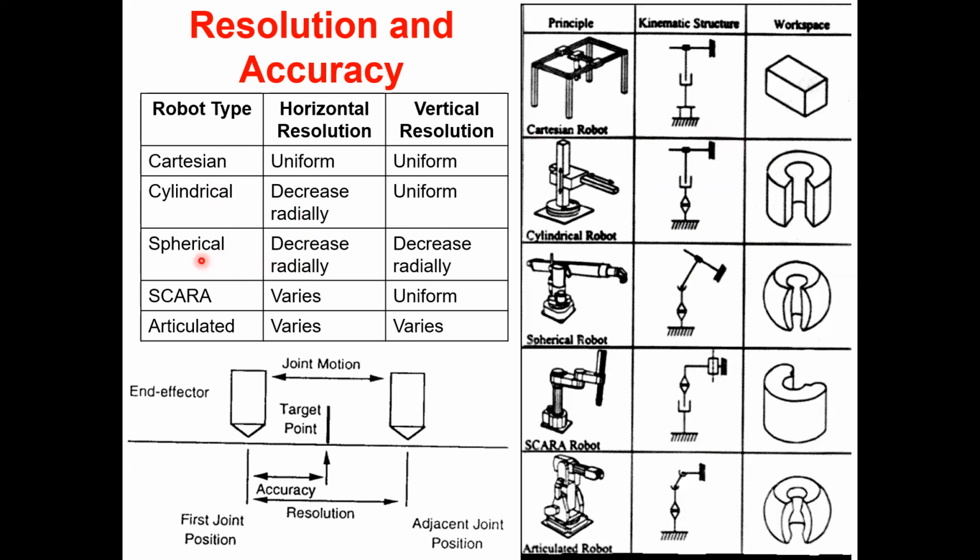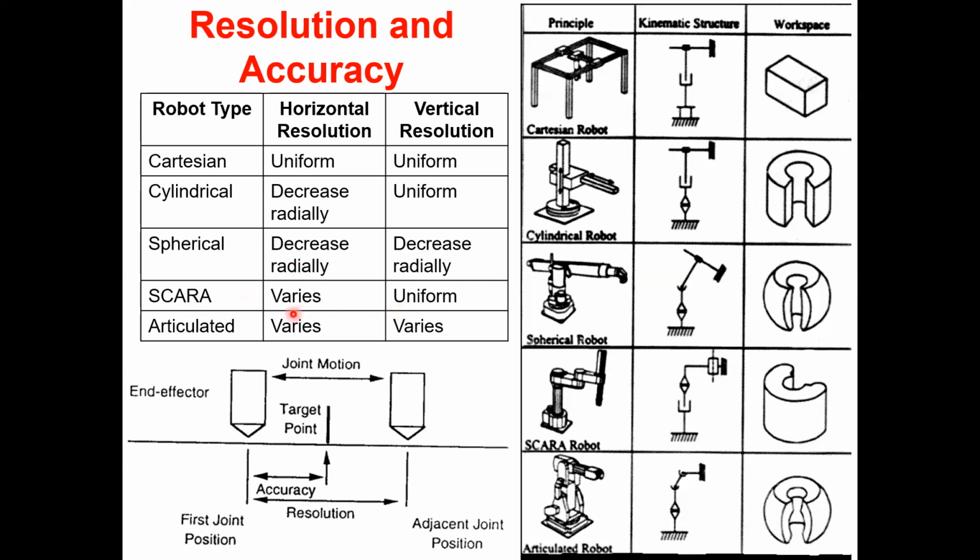Then when you come to a spherical robot, both decrease radially because with rotary joints, what you can control is the smallest angle. When you convert the angle into distance, as you move away from the center of the robot, you get higher distances. That is why the resolution decreases radially.